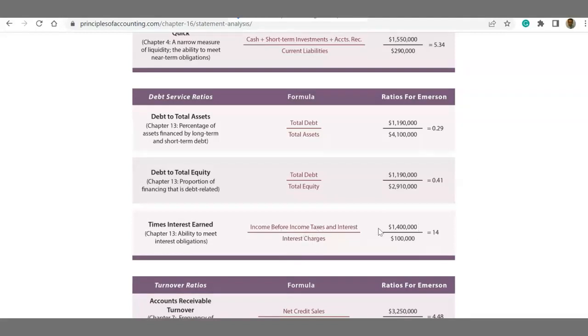So if your annual income is 14 times bigger than your obligation of interest payment, that looks good. Obviously, if you compare to another company, that will be much more clear to see which company is having a better chance of having enough earning in order to pay all those obligations of interest expense. So it's solvency ratio.